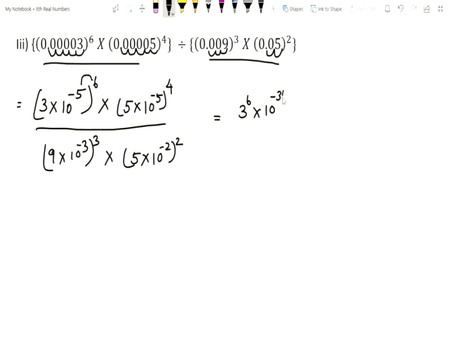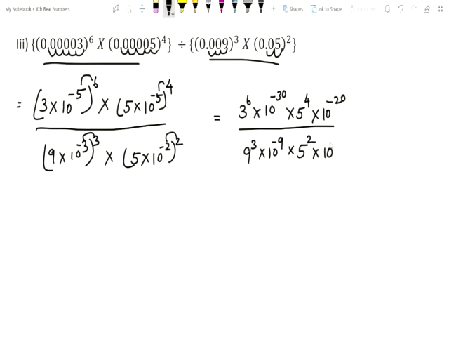So minus 30 into 5 power 4 into 10 power 5 4s are 20 minus 20 divided by 9 cube into 10 power 3 3s are 9 minus 9 into 5 square into 10 power 2 2s are 4. So minus 4.